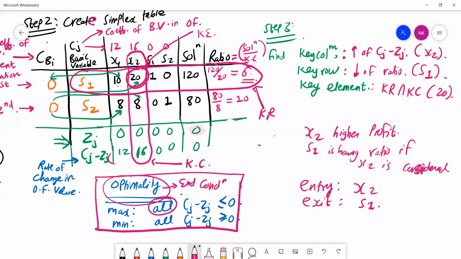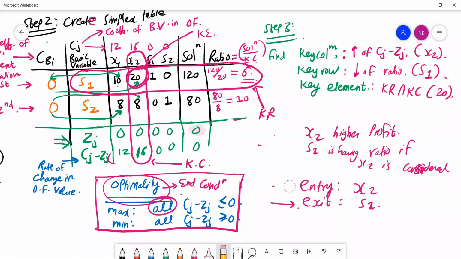Because this particular variable X2 is going to give us higher profit. And if we consider S1, then the ratio of getting the profit will reduce. So that is the reason we are entering X2 in our next iteration, and S1 is our eliminated variable. That means we are going to include X2 and remove S1.